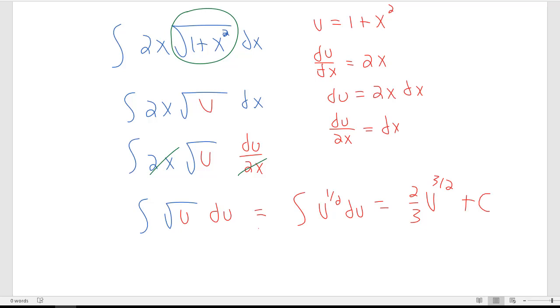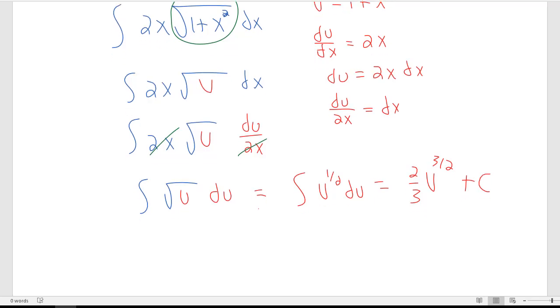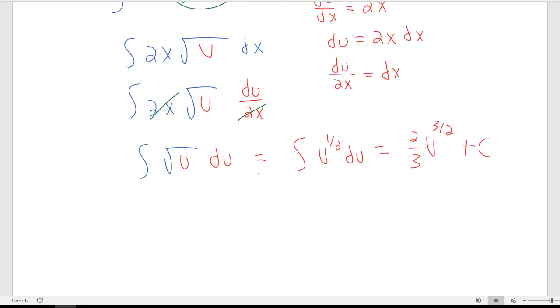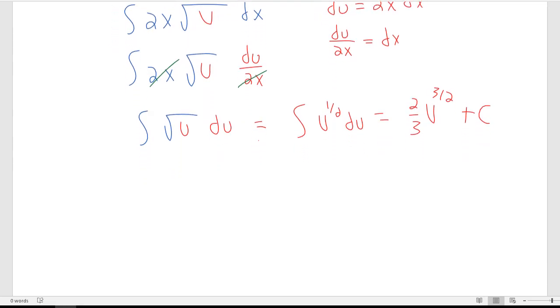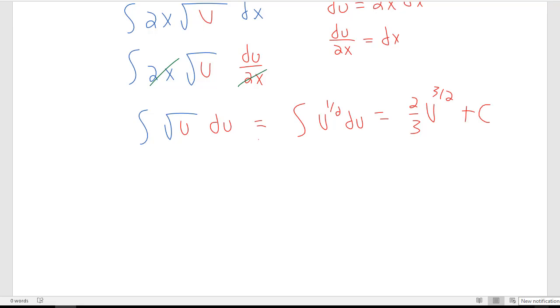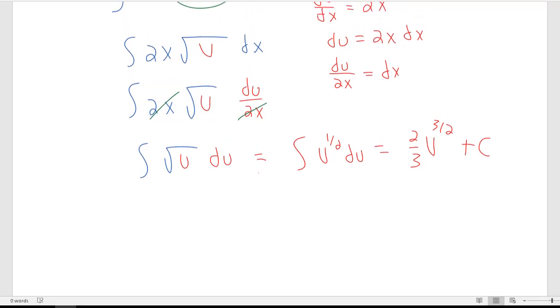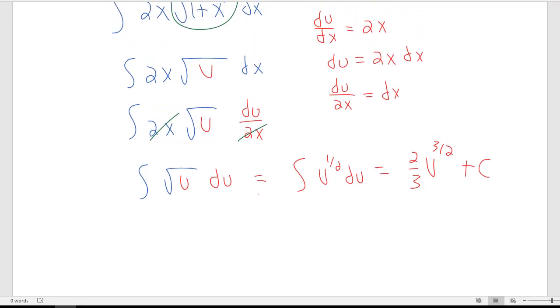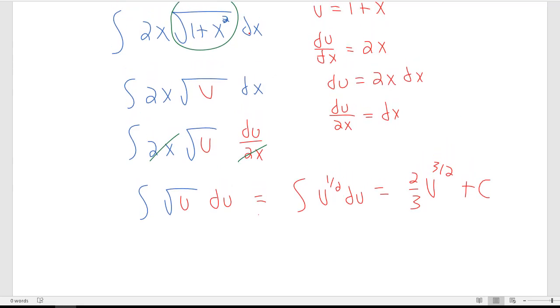Now the thing that I didn't do in that prior example that I should have done, but I wanted to focus more on the concept. Because my original integral is in terms of x, let me scroll back up a hair here. My original integral that we have up here at the top of the screen was all in terms of x, but my answer is not. My answer is in terms of u. So the last step we really need to do here is replace u with what we substituted.